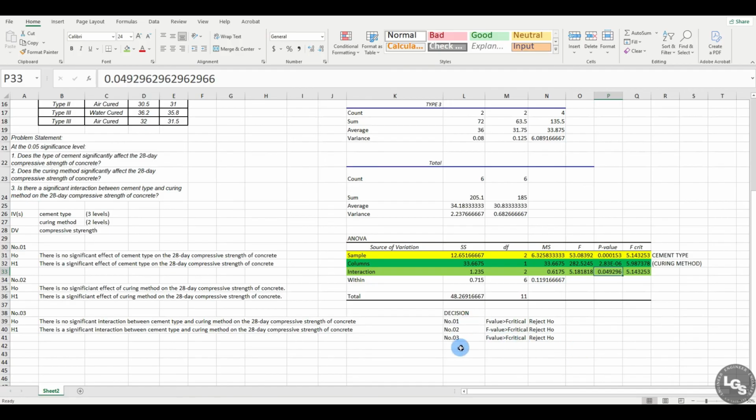So for the conclusion, because we have rejected the H0 for question number 1, this is in favor of the alternative.